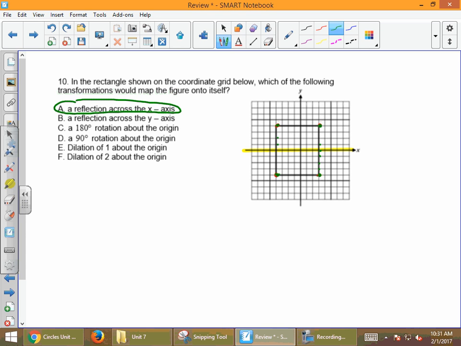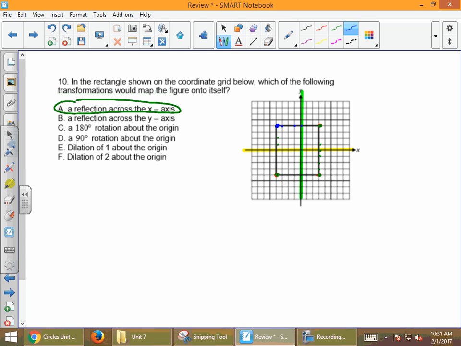All right. What about B? Reflection across the y-axis. Where's the y-axis, you're asking me? Well, I'll tell you. Right here. Same thing. Let's reflect across. I'm randomly going to pick this dot right here. Let's see what's going on. 1, 2, 3, 4.